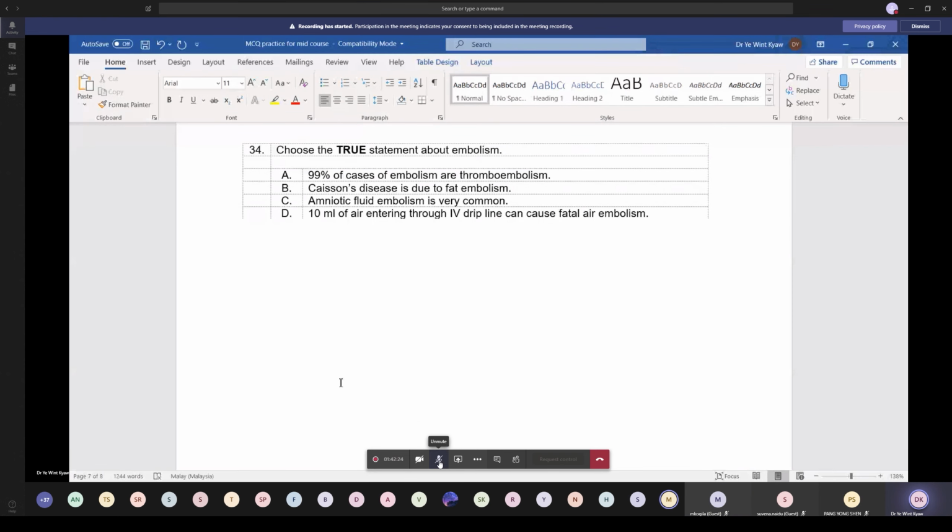Doctor, D. No, doctor, not B. No, it's just logical, only 100 ml can cause fat embolism. Just consider logically only. You need to choose only two, A and C. Yes, quite easy. You can exclude one, and the rest is the answer only.